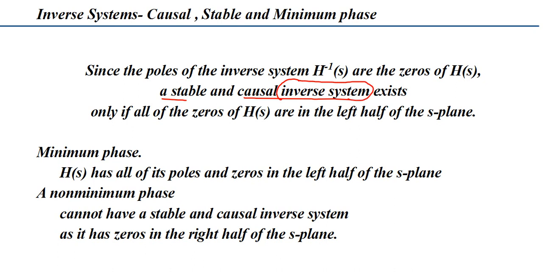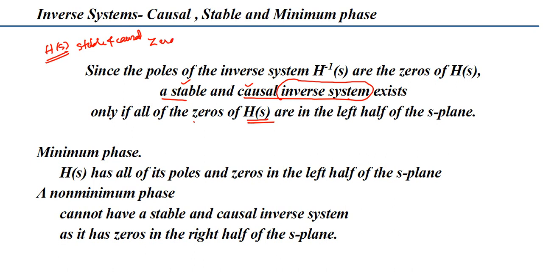If an inverse system exists and that inverse system is stable and causal, we need to verify this condition with respect to H of s. Assume that there is only H of s. With respect to H of s, we can ask whether any inverse system exists, and whether that system is stable and causal.